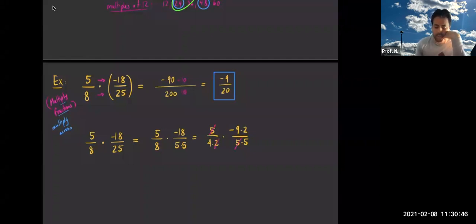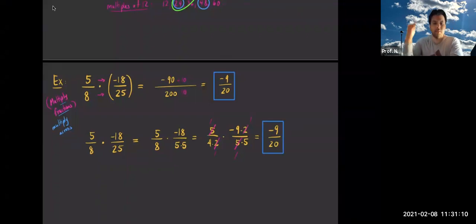And then the 2's here also cancel. So when you cancel, they become a 1, right? And so what's left on top? 1 times negative 9 times 1 becomes negative 9. 4 times 1 times 1 times 5 becomes 20. So if you can, I would suggest simplify diagonally.